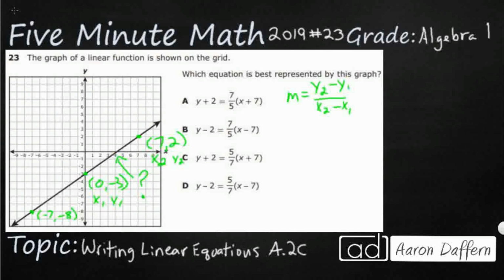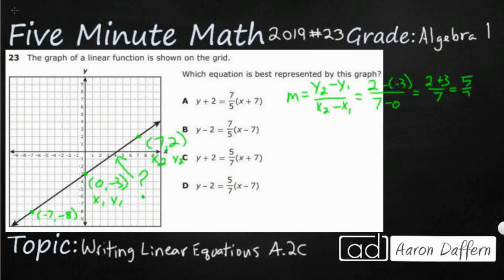So if we subtract this, right, that's going to be 2 minus -3, so that's going to end up being +3, right? And then look at that, 7 minus 0, that's nice. So that's going to end up being 2 plus 3 over 7, so 5/7.